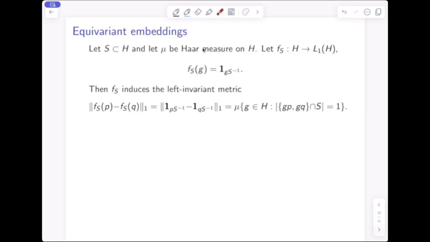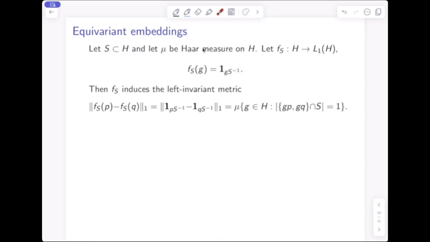The easiest way to do this is to construct this equivariantly. We pick a set S in the Heisenberg group, let mu be the Haar measure, and let f sub s be the function from the Heisenberg group to L1 functions on the Heisenberg group that sends G to the characteristic function of a translate of S. I've got this S inverse here.